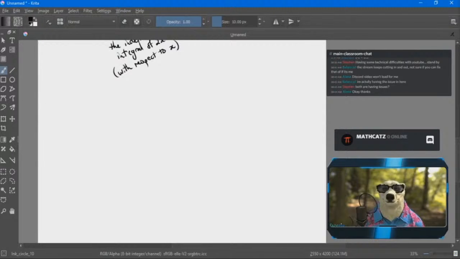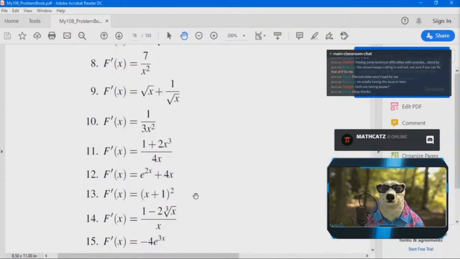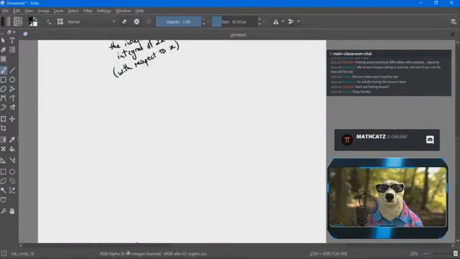Let's have a look now with this new notation. What is the difference? Let's look at this very bottom one, 15, in our antiderivative style. So I have negative 4 e to the 3x.